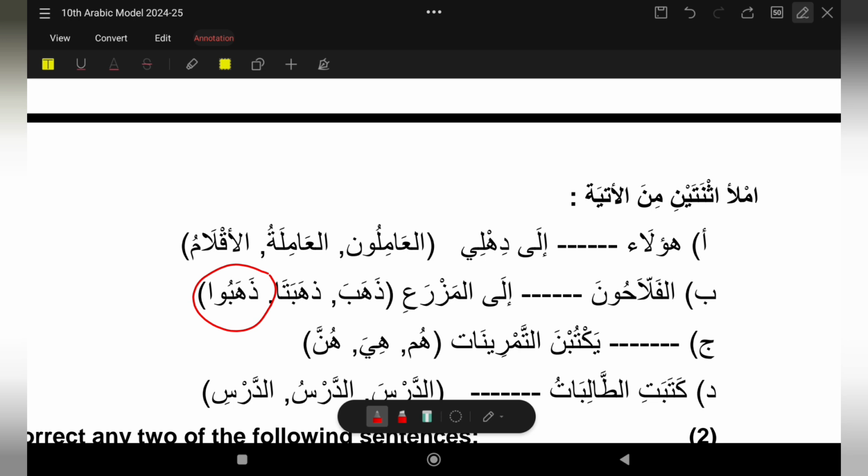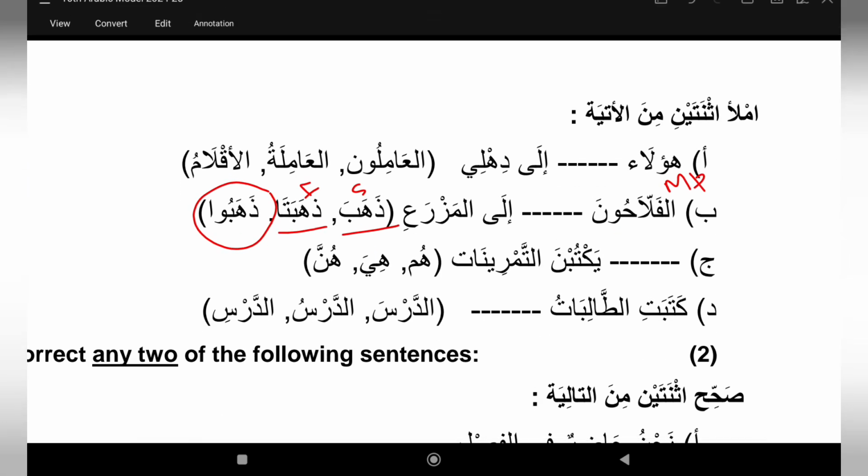You know, fallahun is male plural, so you have to use dhahabu. Dhahaba is used for singular. Dhahabata is female. So it cannot be the answer. Dhahabu is the answer.